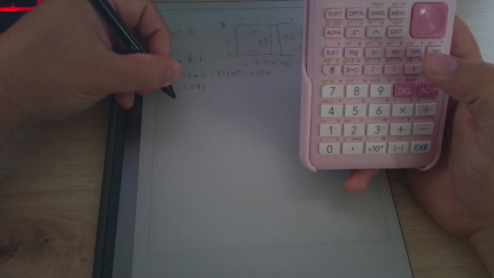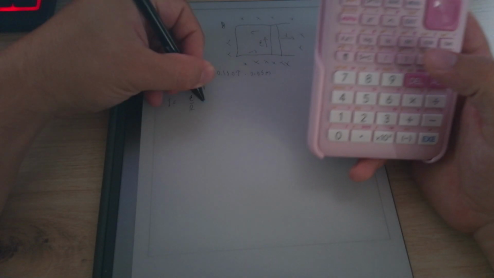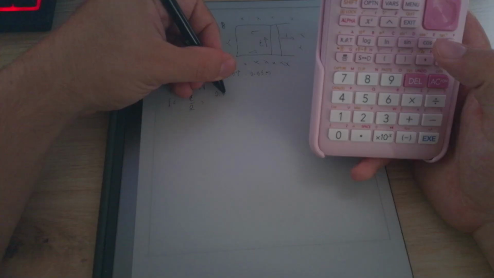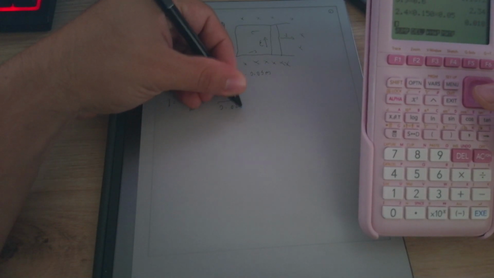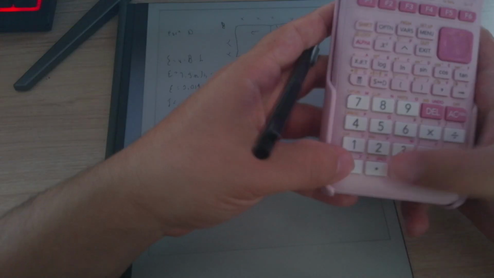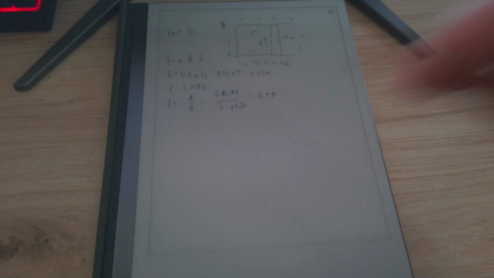volts. So then current is just equal to electromotive force divided by resistance, 0.018 volts divided by our 0.02 ohms. So that's just going to equal 0.9 amps for our current.